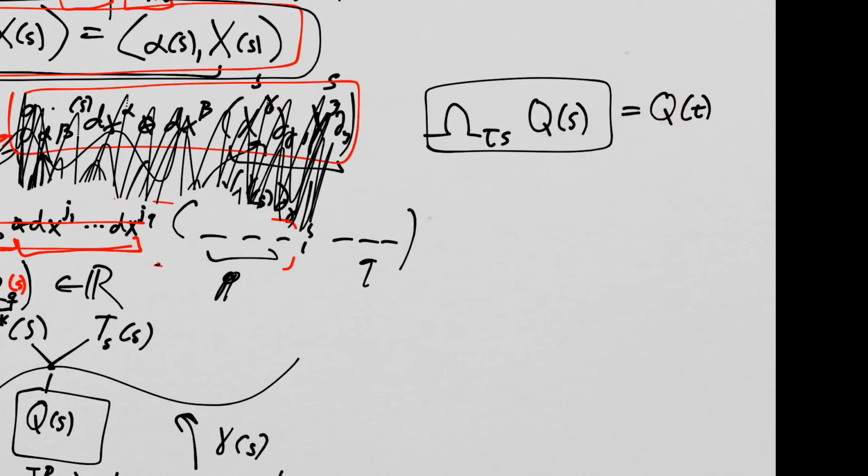So Q is an autoparallel tensor field, right? It's a field where each value of Q at every point along this curve is parallel to the other value. Now, typically when we've talked about Q of X, I'm talking about a tensor field on the manifold where this tensor field has some value at every point X. And it can be an arbitrary tensor field, and such a field is not typically autoparallel, right?